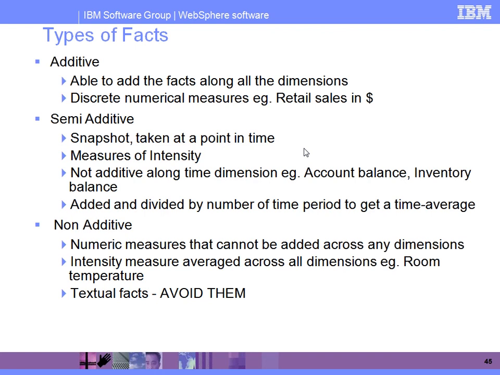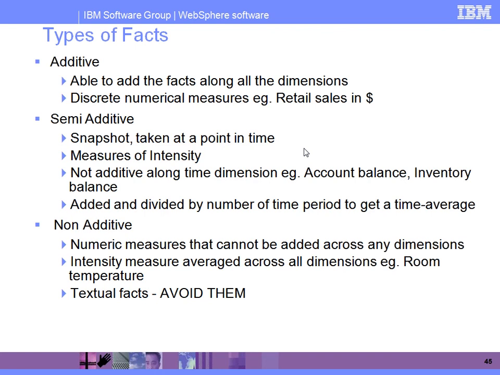Based on the interest rate change, the amount will change. If the interest rate is 12%, the amount we calculate is different, and if it is higher than that, it will be different again. That we can simply call a fact. A numerical value which is useful for business calculations or for the business decision-making process, we can simply call a fact.